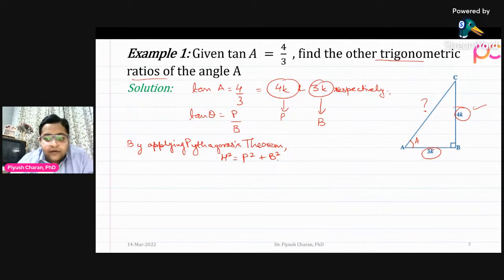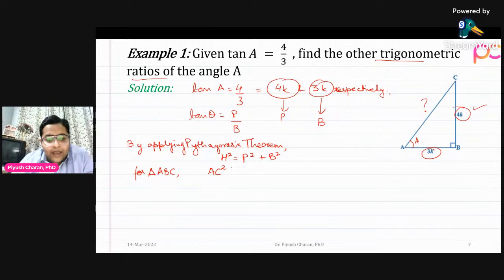For triangle ABC, if we have to calculate the hypotenuse, that is AC, we'll put this in the same equation as above.